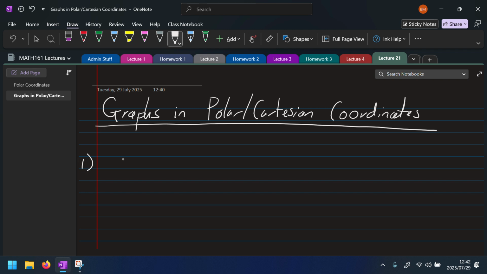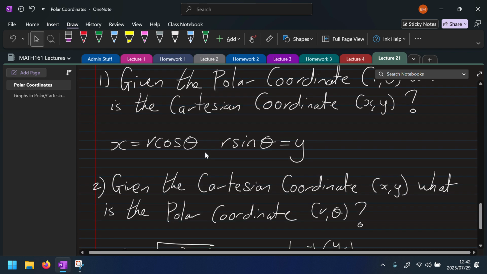Okay, so number 1, we have y equals 1 over x. We know what this looks like in Cartesian form. We can sketch it in Cartesian form. Now we want to do this in polar coordinates. So we are given Cartesian. We want polar. So we go back here. Which one do we use?